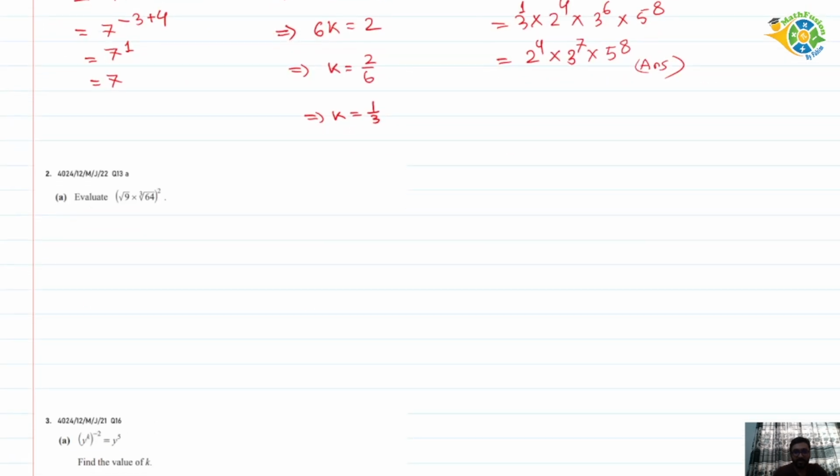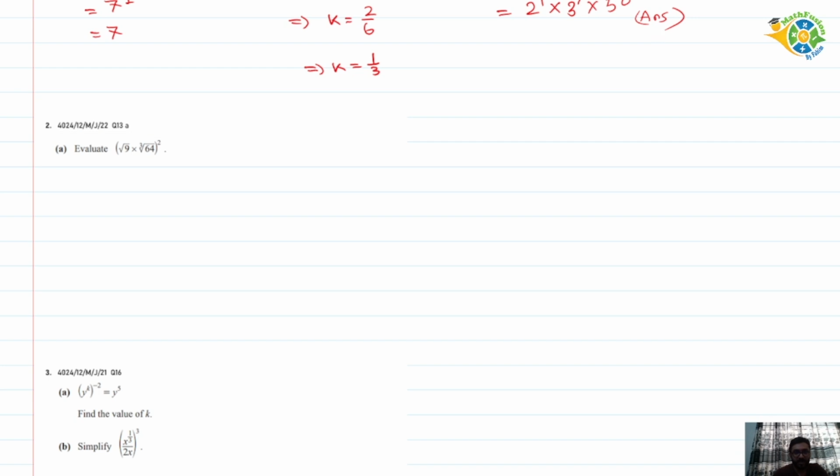So moving to the next question. The next question tells us to evaluate this expression. The expression is root 9 multiplied by cube root 64, whole squared. Okay.